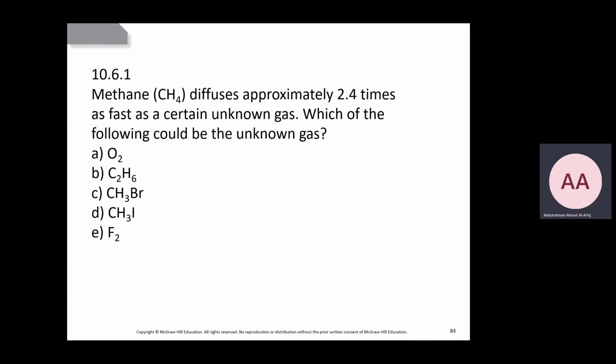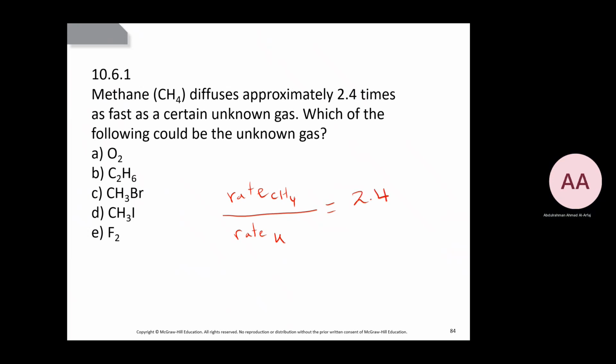Good. Let's solve this problem. Methane effuses approximately 2.4 times faster than a certain unknown gas. Which of the following could be the unknown gas? So rate of CH4 over rate of unknown equals 2.4.